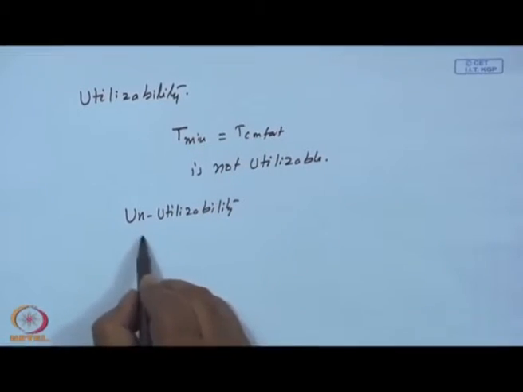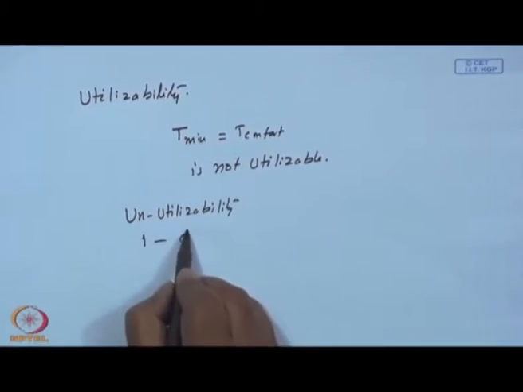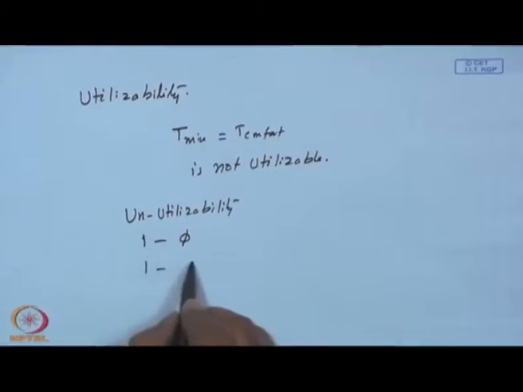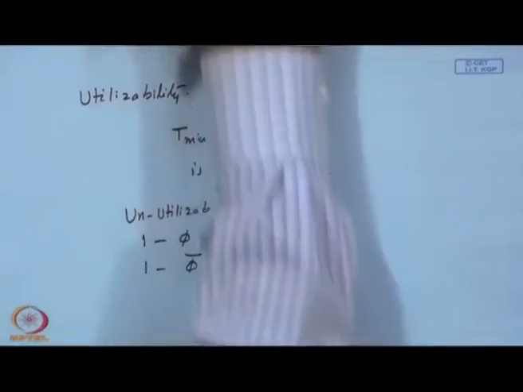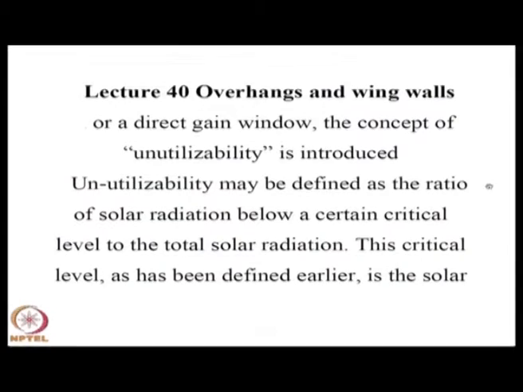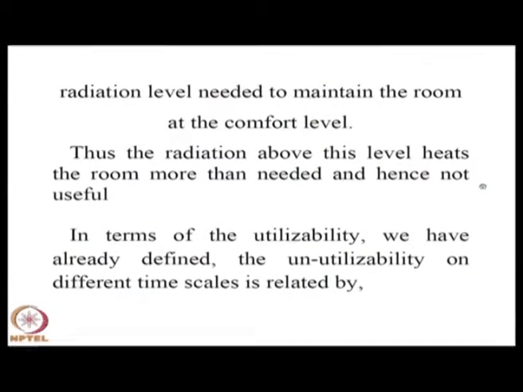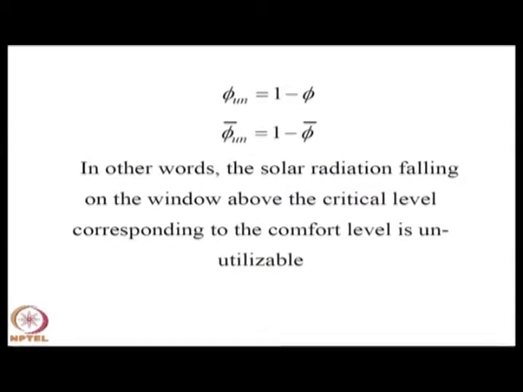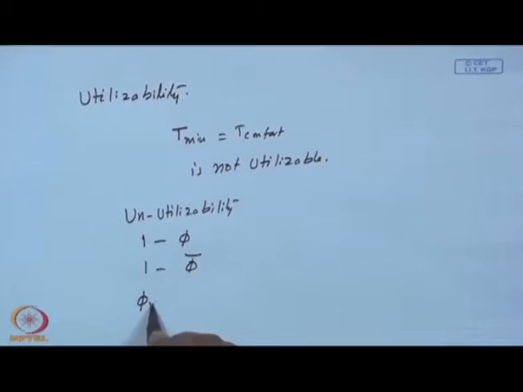So, on different time scales it will be simply 1 minus phi or 1 minus phi bar. If you have calculated utilizability, unutilizability will be simply 1 minus that utilizability. So, that is what I have put down here: phi un equal to 1 minus phi, or phi bar un equal to 1 minus phi bar.